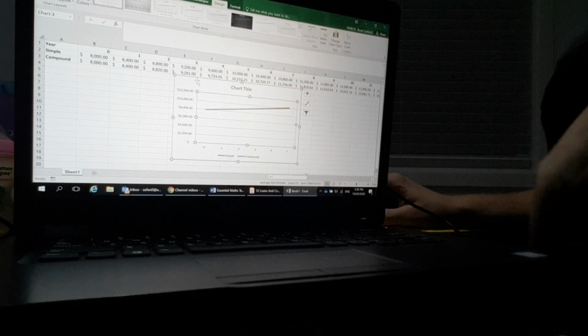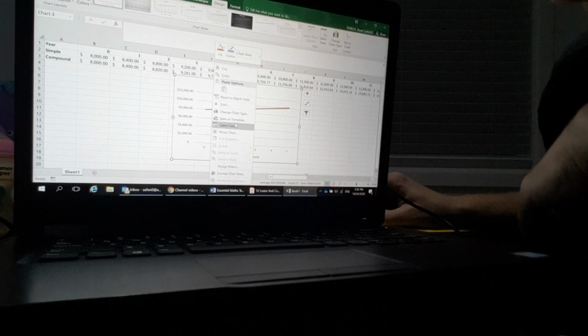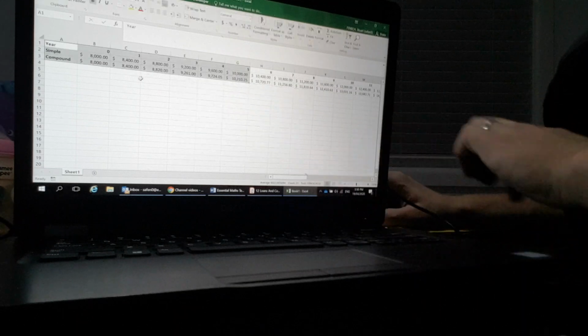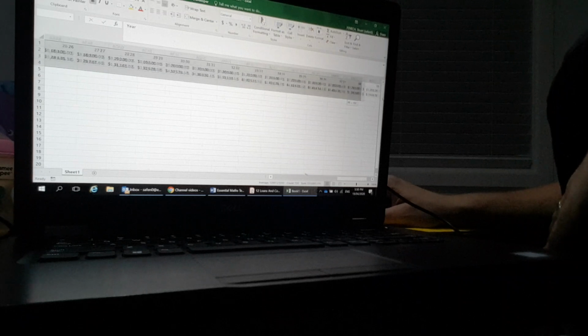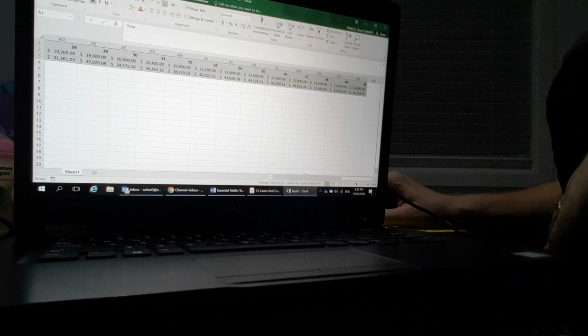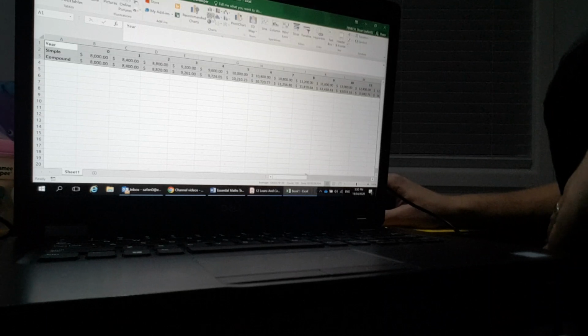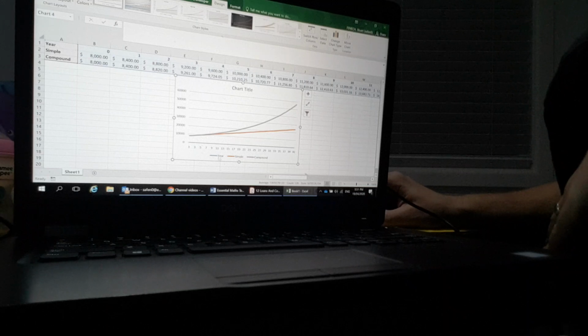So if we all of a sudden select data and change this a bit, I'll just delete it. How about that? But if you highlight it over 40 years rather than 5 years, and we go insert, we go back to our line graph, check that out.